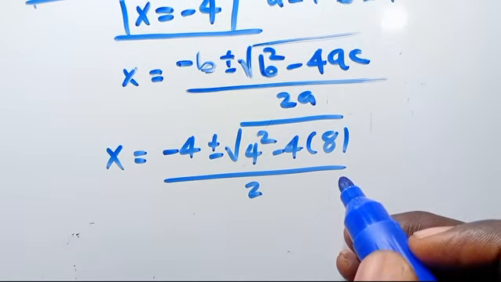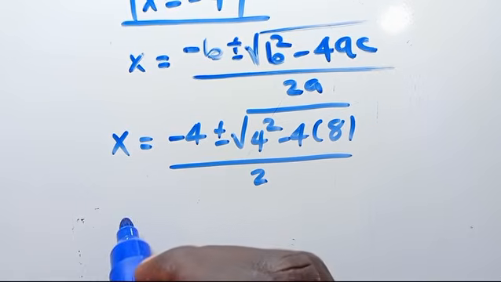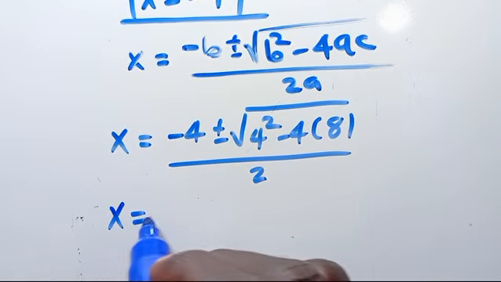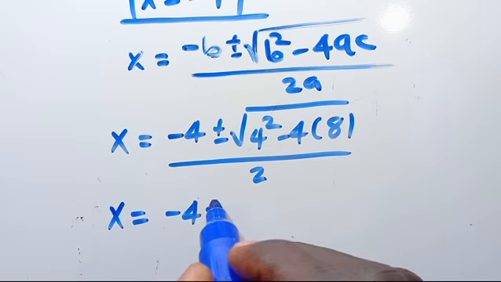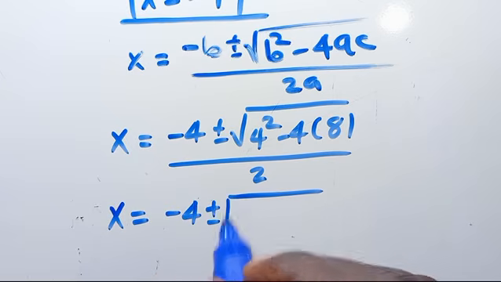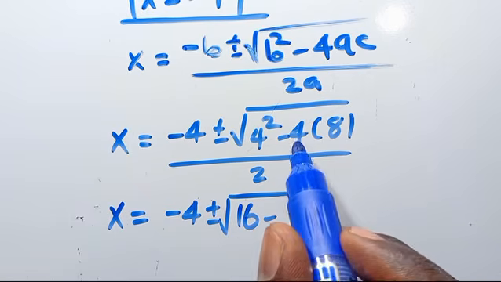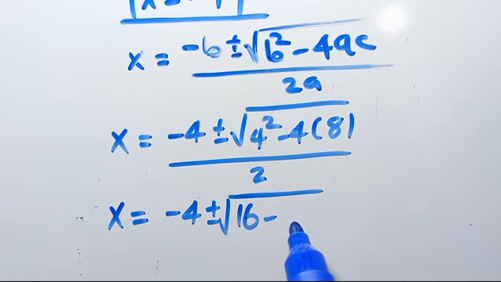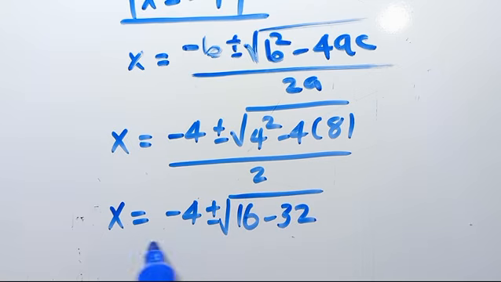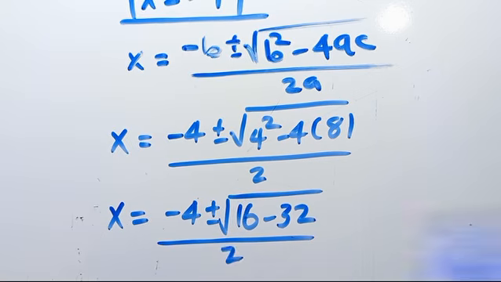Now, we have x equals minus 4, positive or negative, square root of 16 minus 4 times 8, this will give us 32, over 2.